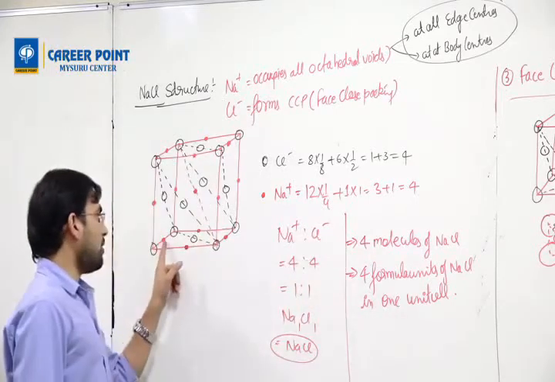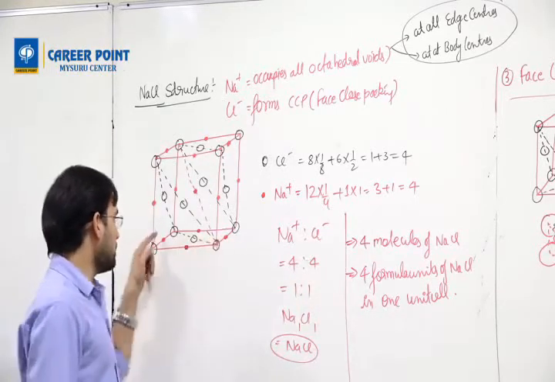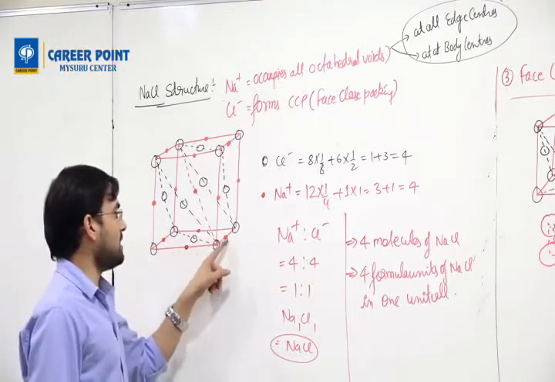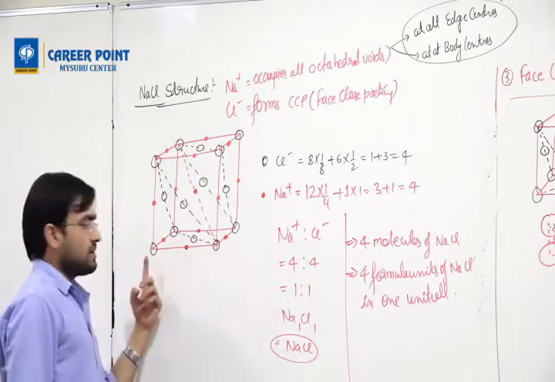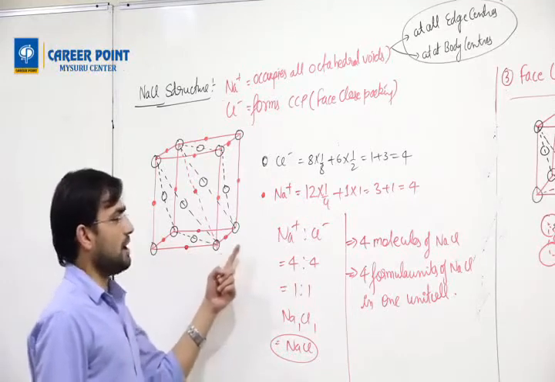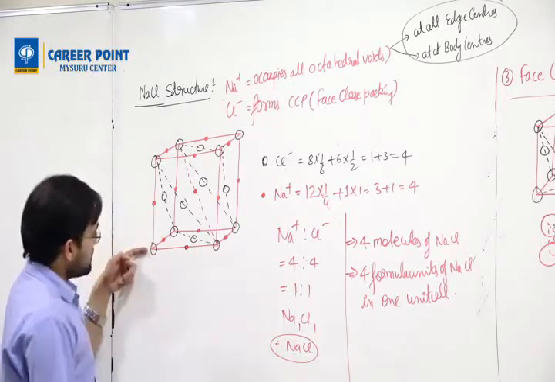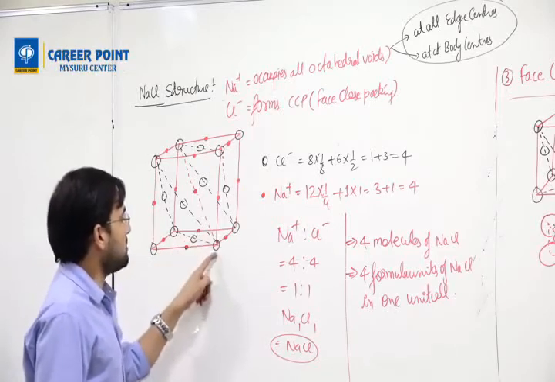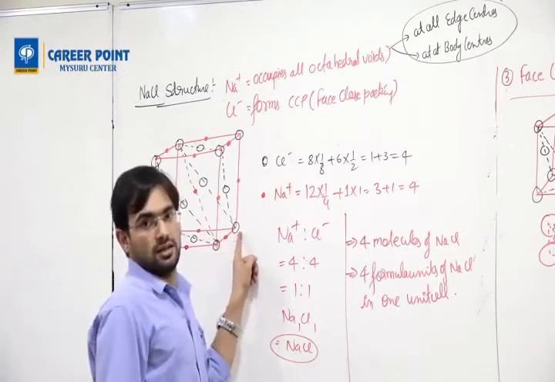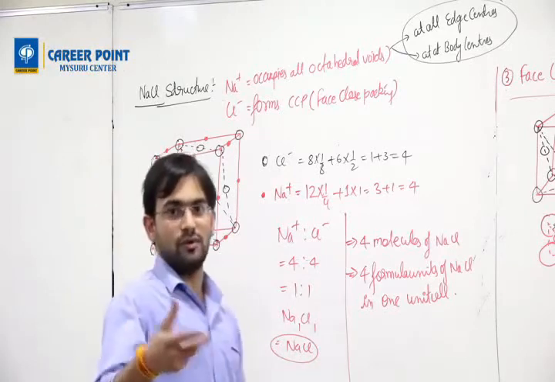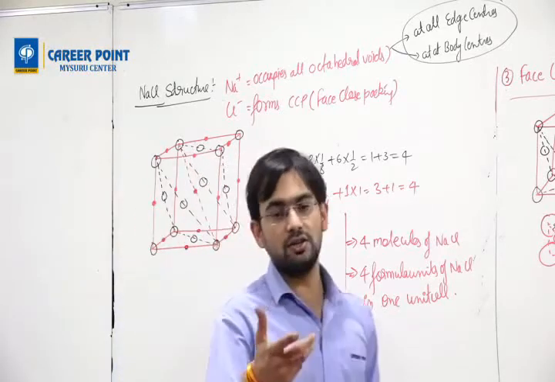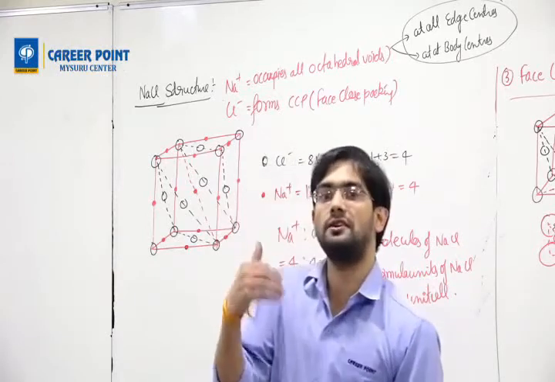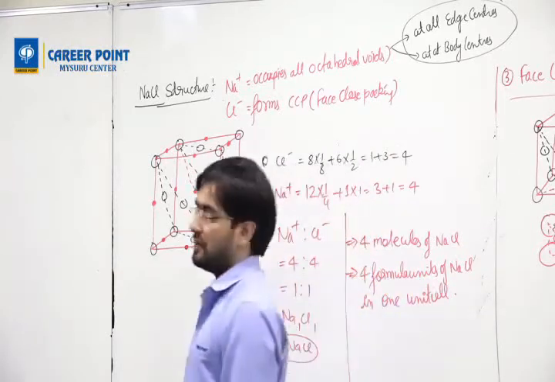If you walk along this line, it is Na plus, Cl minus, Na plus, Cl minus. Here, Cl minus, Na plus, Cl minus, Na. So whichever direction you move, it will be a regular repeated geometry.